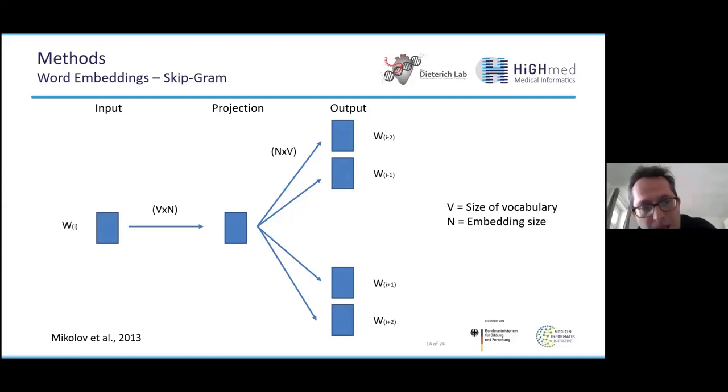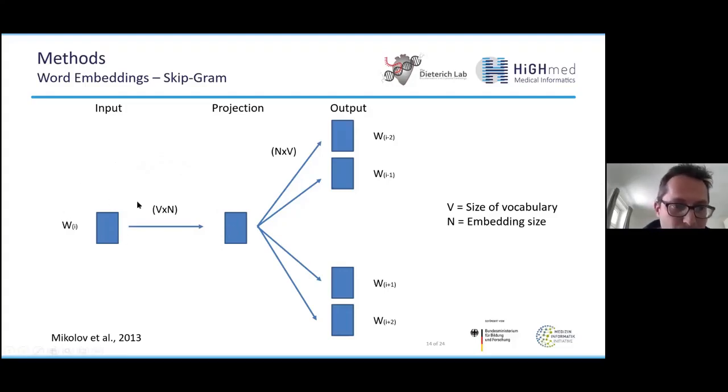So we input every word into this model, and in the beginning, in the input layer, we represent each word in a one-hot vector representation, as I already showed you. This is a large vector with just one dimension representing the word. Now we make a linear projection of this large one-hot vector into a lower dimensional space.